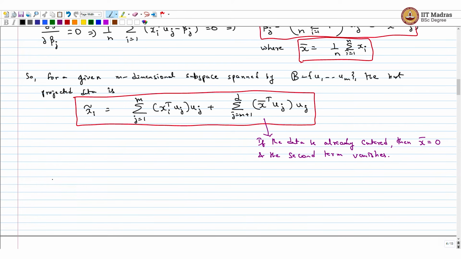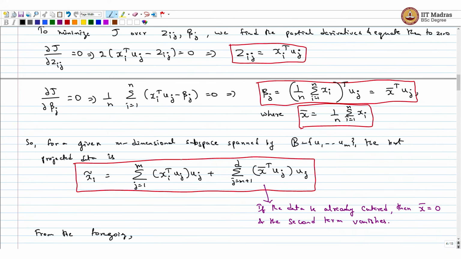But before that, let's understand from the foregoing what we have: xi minus xi tilde. If you look at xi and xi tilde, the first m terms coincide.